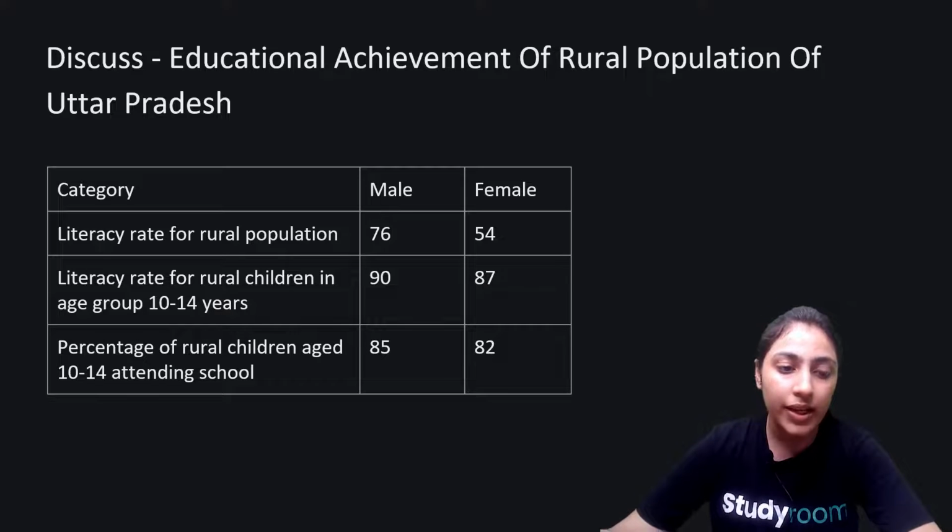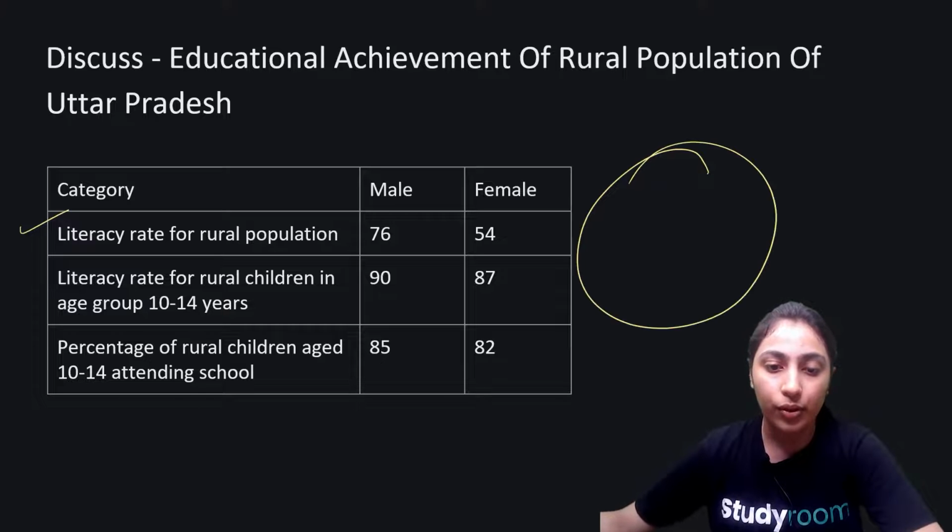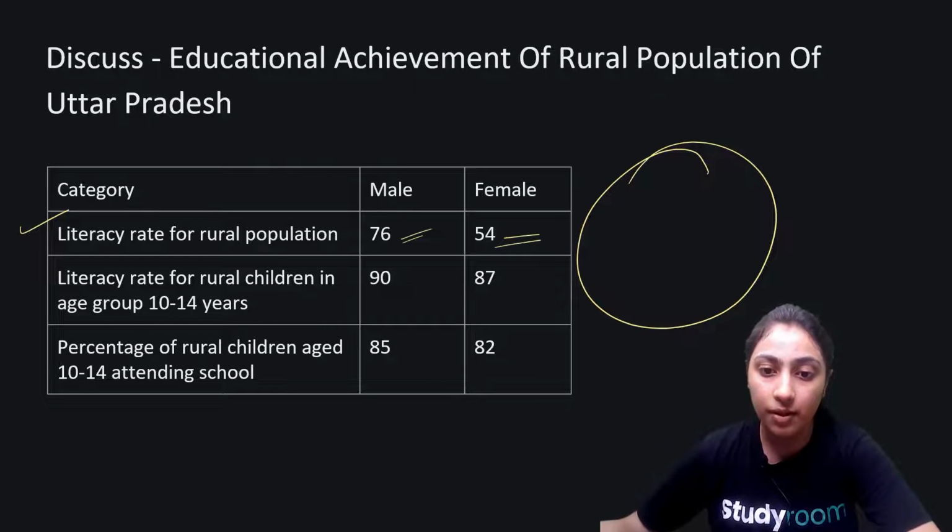It's very simple. Under category, the first point is the literacy rate for rural population. If this is the total population, then over 76% of males are literate and only 54% of females are literate. The rest are not literate.